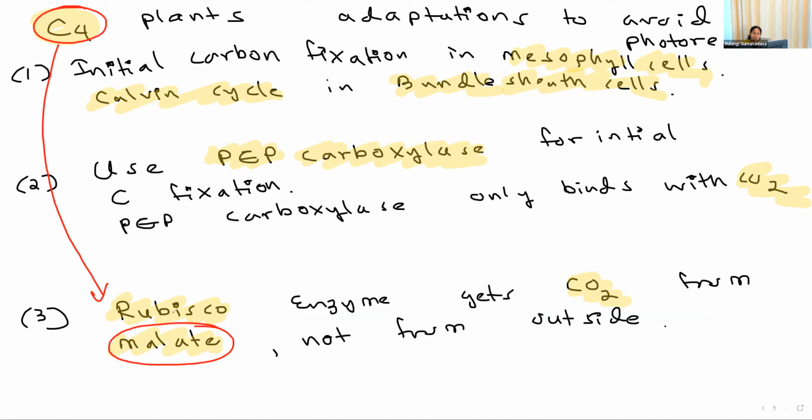If you get carbon dioxide from another compound, it's going to give a constant supply of carbon dioxide. It's always going to be present. But in C3, the Rubisco needs to rely on outside environmental factors. In C4, the Rubisco enzyme gets carbon dioxide from another compound, so it has a steady input of carbon dioxide and can produce more glucose than C3. C4 is more efficient.